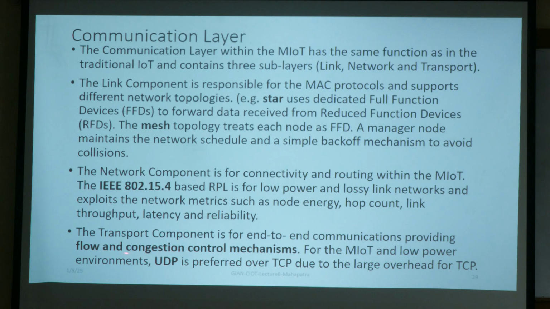We did not discuss these things because at that time it was not very important, but now it comes to the surface. For an IoT, we have both environments, with a low power environment and UDP is always there. At the same time, if it is possible to do this flow and congestion control, then that is done also, just like a regular wireless network would do.